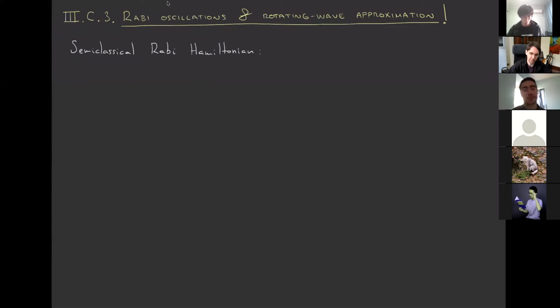We call it semi-classical because, as we will see in the next chapter, I will not show you now, but when we study the interaction between light and matter, we will see that this Hamiltonian describes the interaction between classical light, if you want classical monochromatic light, so maybe I should add it here, and the atom.